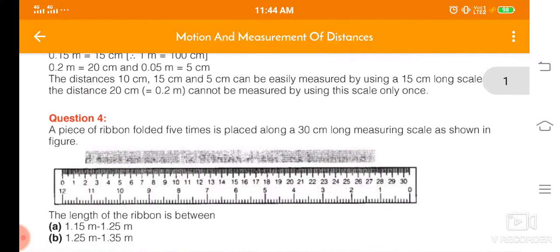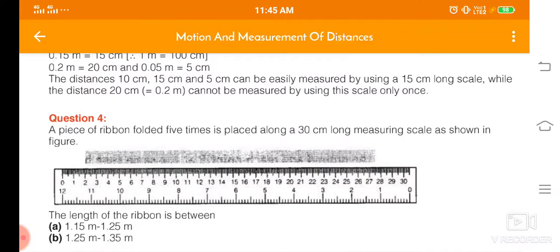Question number 4. A piece of ribbon folded 5 times is placed along a 30 centimeter long measuring scale as shown in the figure.